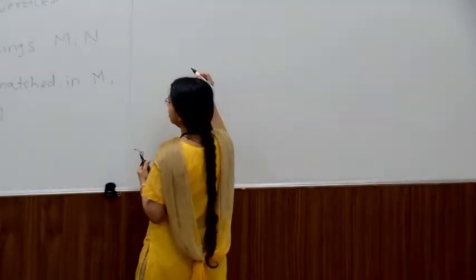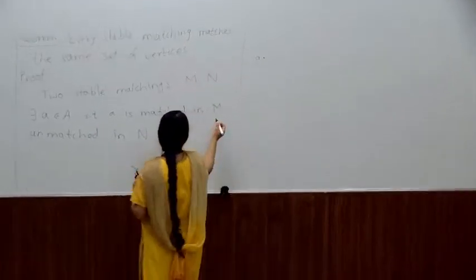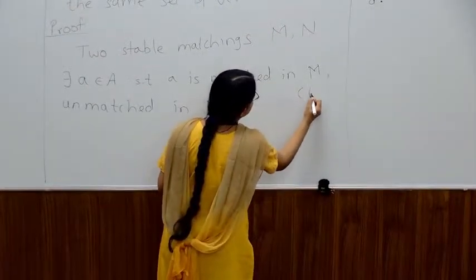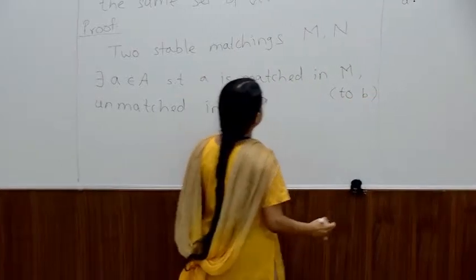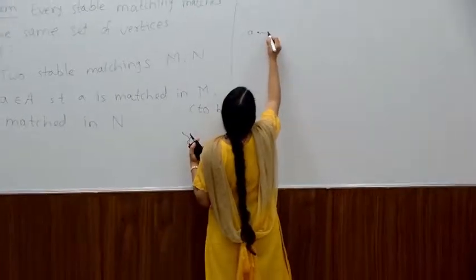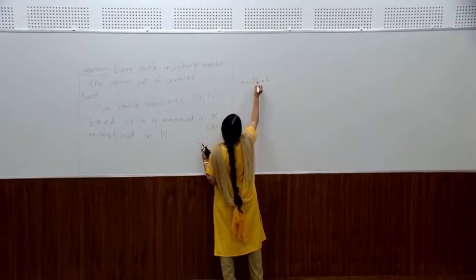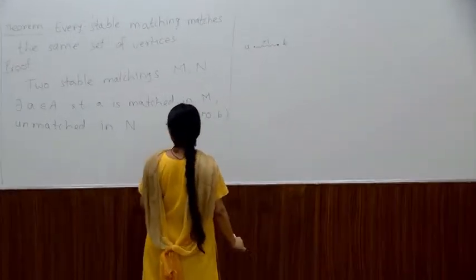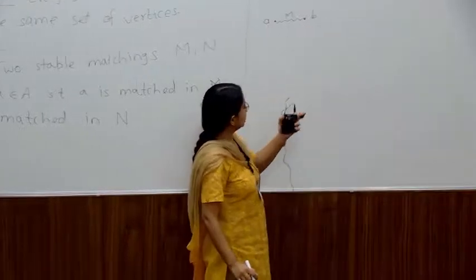So let me start drawing. Suppose this is A, it is matched in M, and let's say in M it is matched to B. So this AB is an edge of M. Now A is unmatched in N. Can B be unmatched in N?